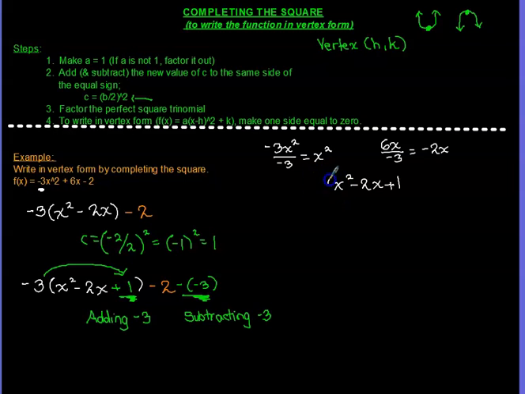In order to factor, I multiply the first number times the last number. So I need two numbers that multiply to be 1 times 1, which is 1, and add up to be the middle number, which is negative 2. Those two numbers are going to be negative 1 and negative 1. Negative 1 times negative 1 is 1, and negative 1 plus negative 1 is negative 2.